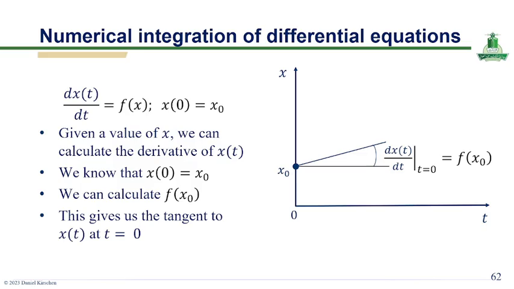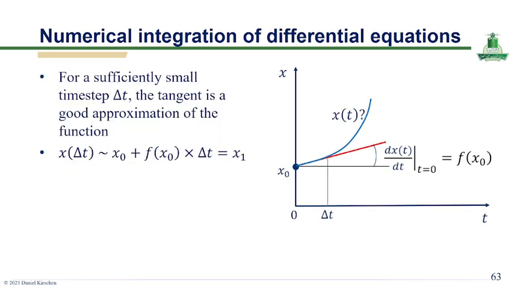The derivative represents the slope, or tangent of this angle. And by knowing this slope, we can estimate how the variable x(t) changes over a small time interval. Numerical integration methods repeatedly apply this process step by step to approximate the complex system response over time, which is essential in transient stability simulations of power systems.